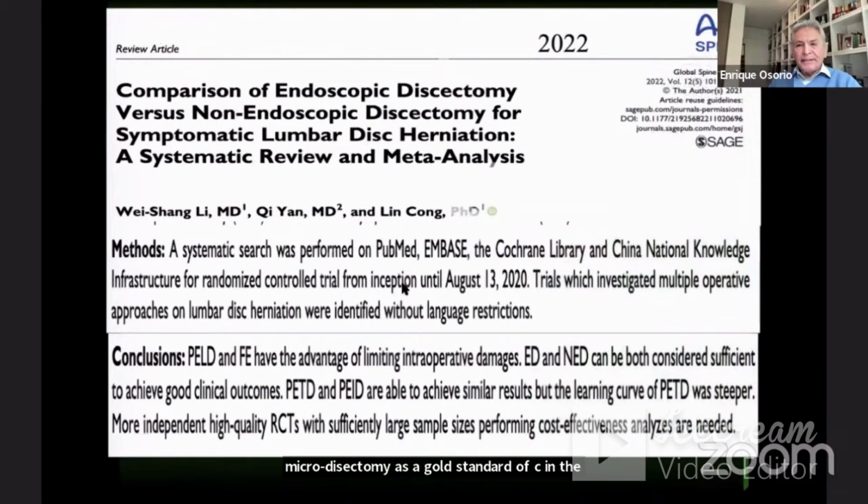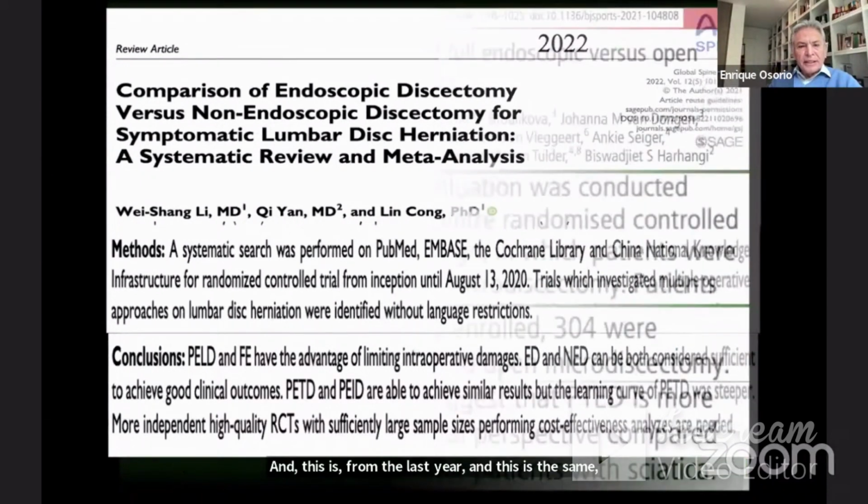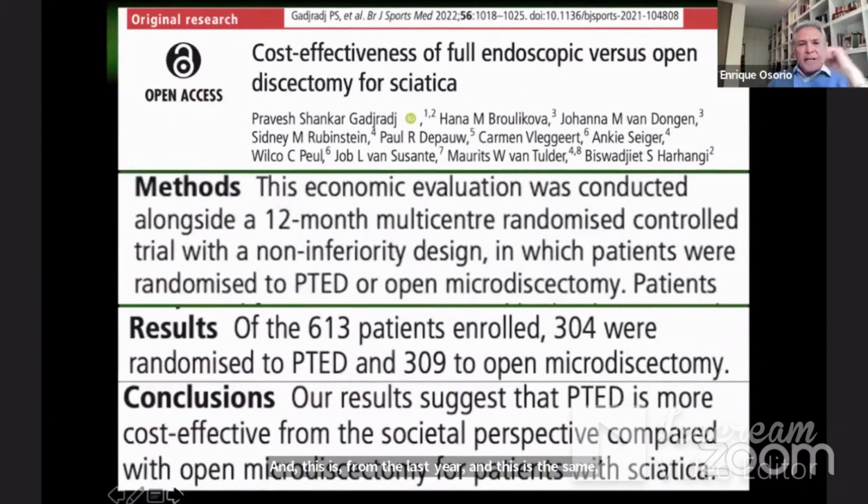And this is from last year. This is the same conclusion. And in relation to the cost effectiveness of full endoscopic versus open discectomy, the conclusions say that the endoscopic is more cost effective from the societal perspective compared with open microdiscectomy for patients with sciatica.